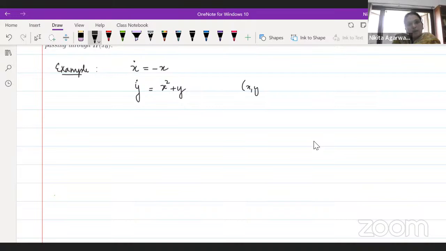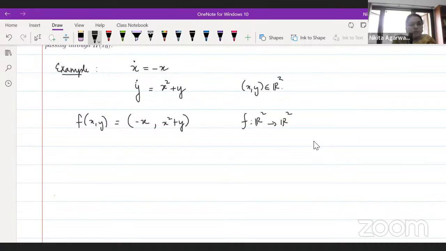Okay. So xy is in R2, right? So what is f here? F of x comma y is negative x, x square plus y. It's a map from R2 to R2. And f of 0, 0 is 0, 0, right?